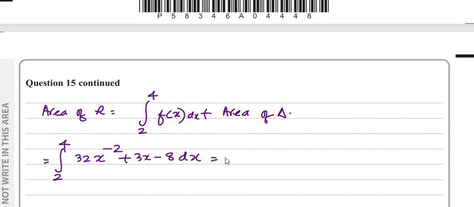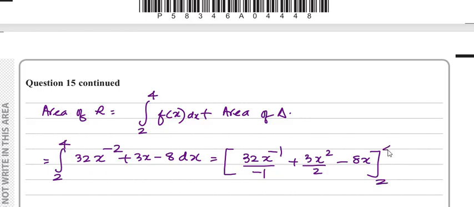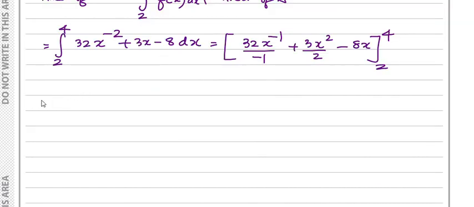Okay, integrating this, start with putting square brackets. So 32x to the power of minus 1 over minus 1 plus 3x squared over 2 minus 8x, between the limits 2 and 4. Let's now evaluate it. So bracket minus 32 times x to the power of minus 1, which is 4 to the power of minus 1, so you can divide by 4, plus 3 bracket x squared is 16 divided by 2, minus 8 times 4 is 32.